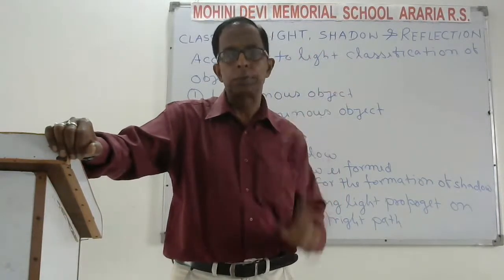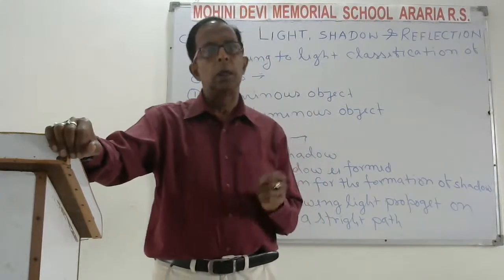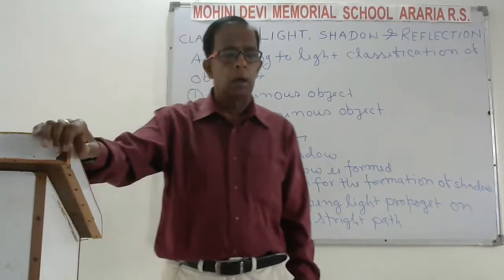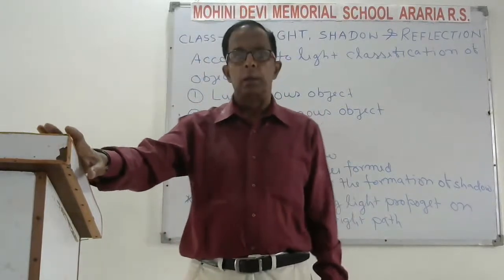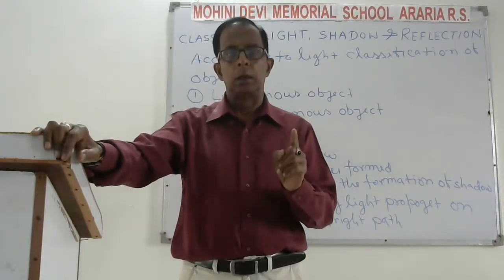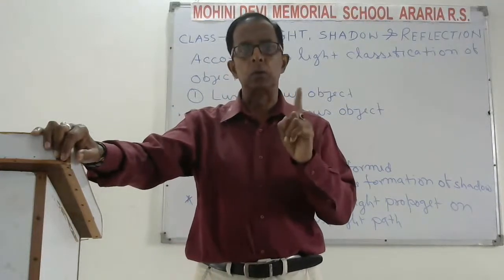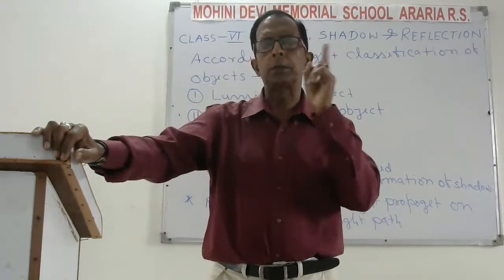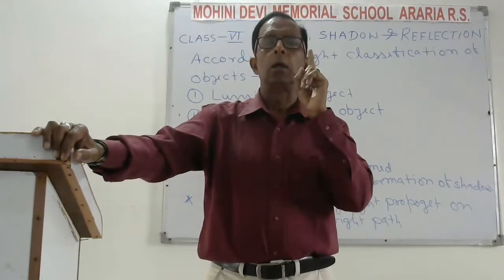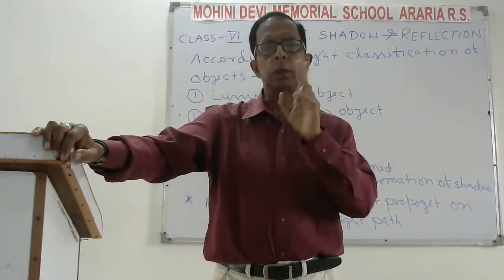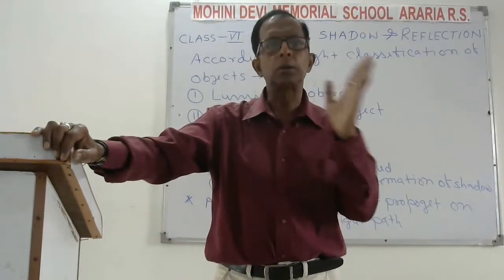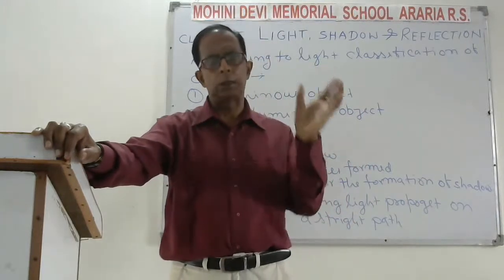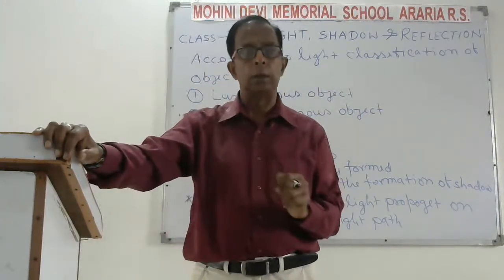We have classified the objects in three categories, my children, that are transparent, translucent, and opaque. These are three groups of the objects classified according to the light.